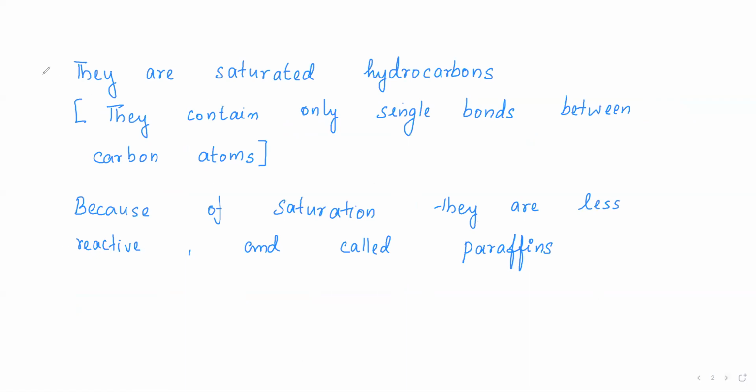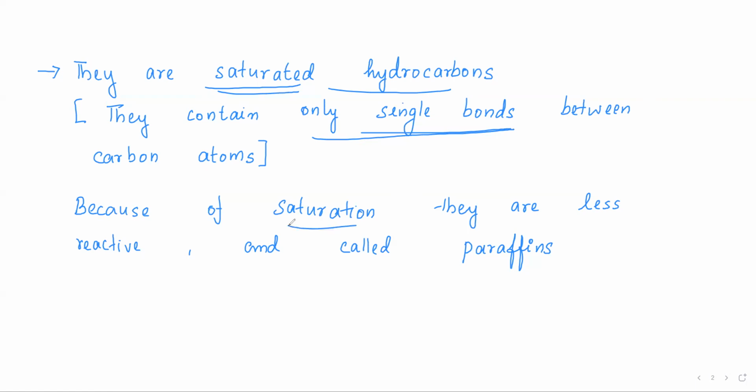Now, the second property regarding alkanes that we must know: alkanes are saturated hydrocarbons. Saturation, or the word, explains that there are only single bonds present between the carbon atoms in any alkane. You won't find any double or triple bond in alkanes. That's why they are called saturated hydrocarbons.